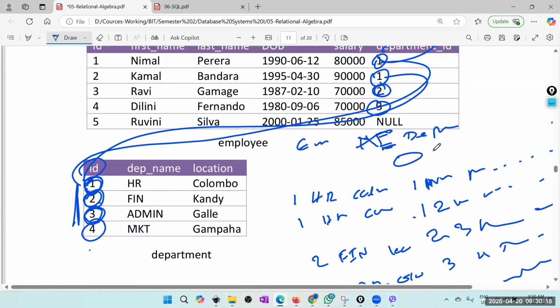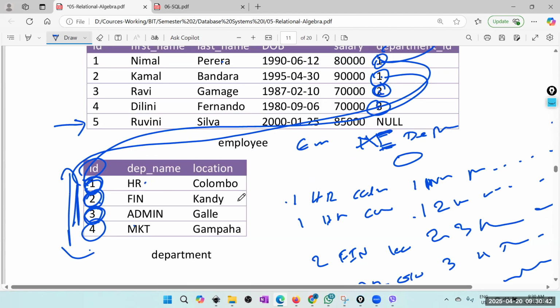And now you can see this record is missing. None of these records mention 5 Ruvini Silva, because we drive it from the right side. It's a right outer join. So now I have 1, 2, 3, 4 records.